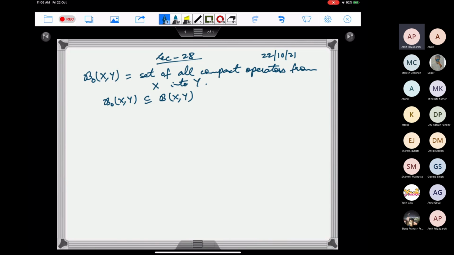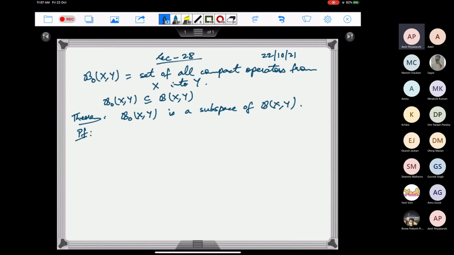So that is the first result: B0(X,Y) is a subspace of B(X,Y). So this is easy to prove.